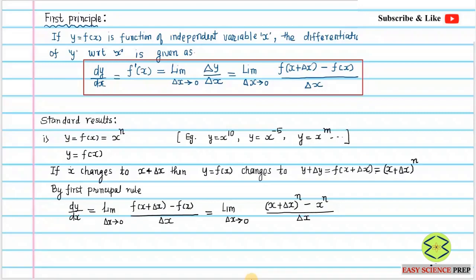Now we can change the limit here to simplify the problem. We have a very simple limits rule, that is, the limit x tends to a of x raised to n minus a raised to n divided by x minus a is n times a raised to n minus 1.